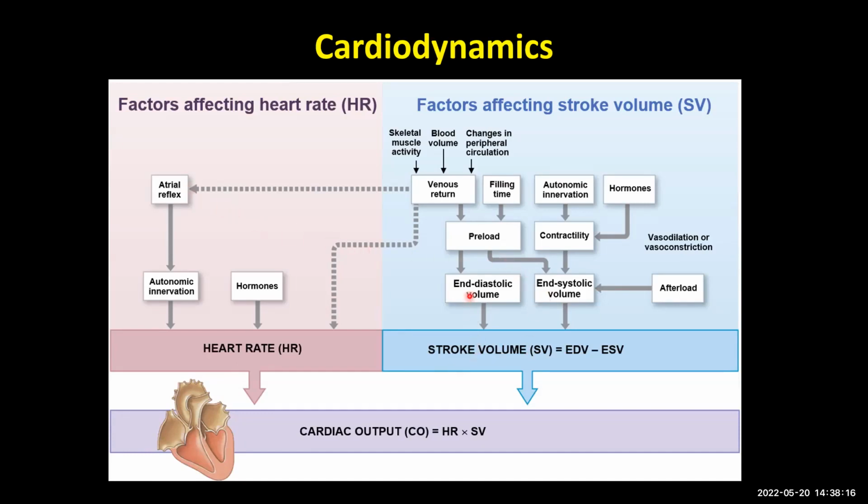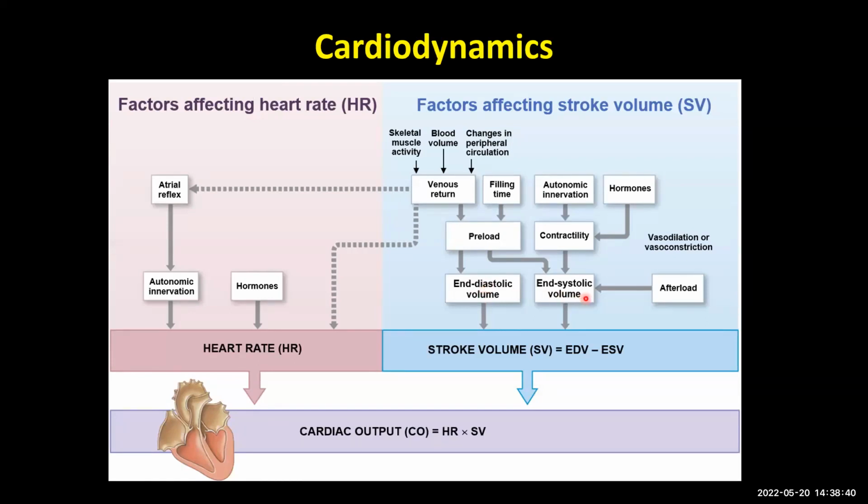For the stroke volume, you have the end-diastolic volume minus the end-systolic volume. For end-diastolic volume, you have the venous return. So more venous return coming, increasing end-diastolic volume. Filling time, you have more filling time. The heart can fill with more blood. So that's changing the end-diastolic volume positively.